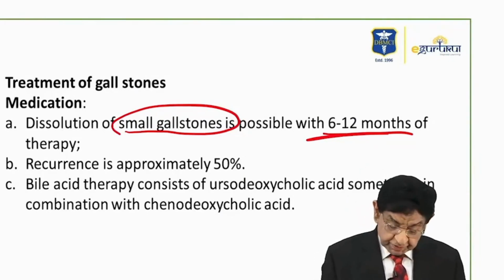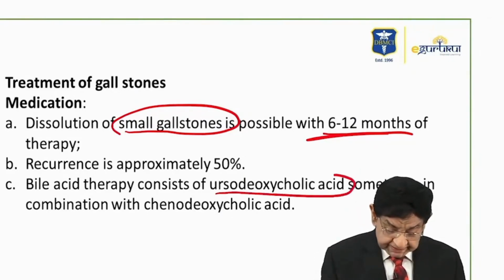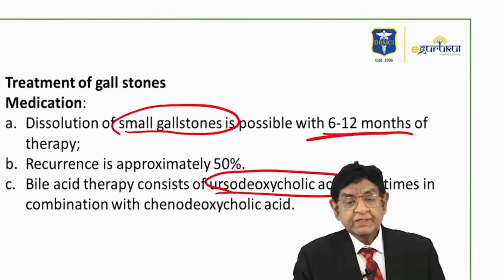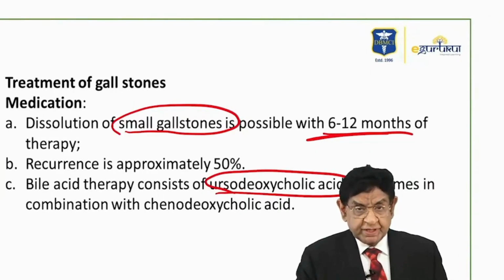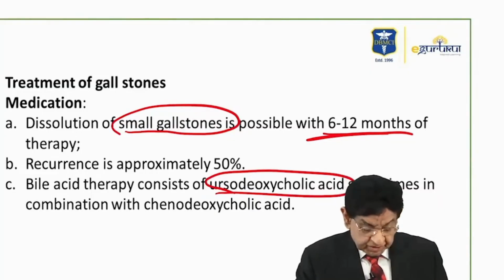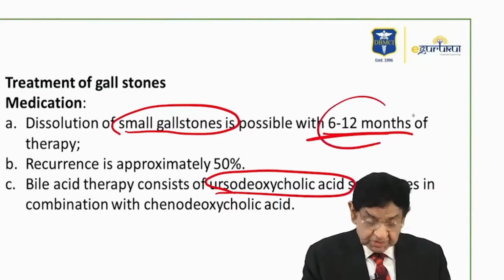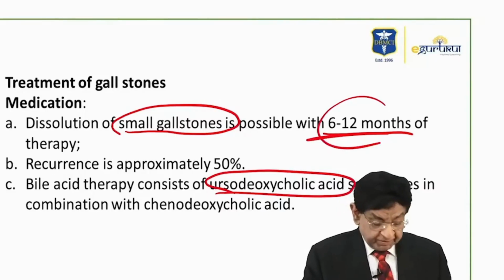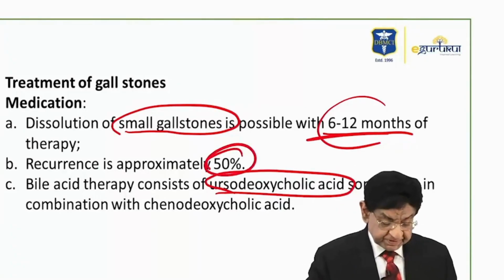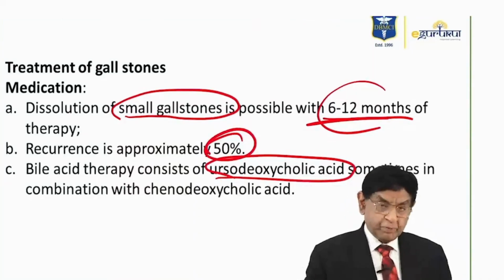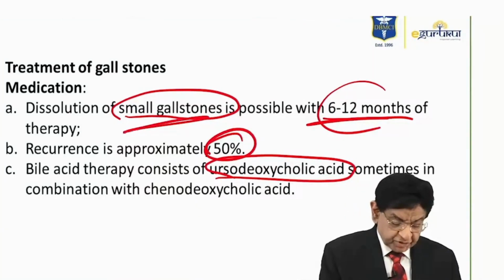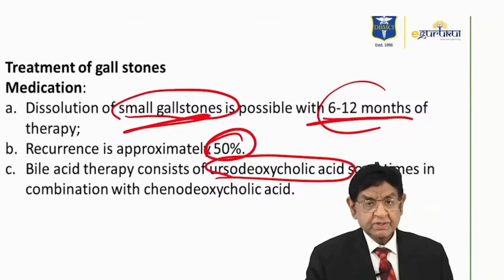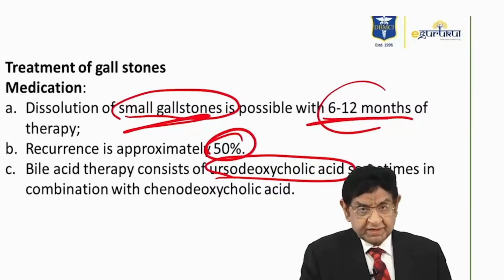What we use is ursodeoxycholic acid. That means you keep on giving ursodeoxycholic acid, and that can dissolve them, but it may take about 6 to 12 months, a long time, and the recurrence rate is as high as 50%. But point to be noted, it is done only for small gallstones, so not a very popular method of treatment.